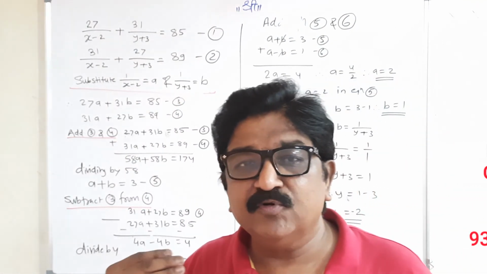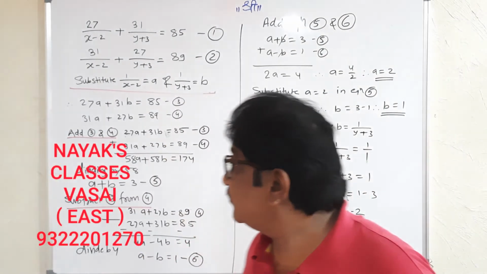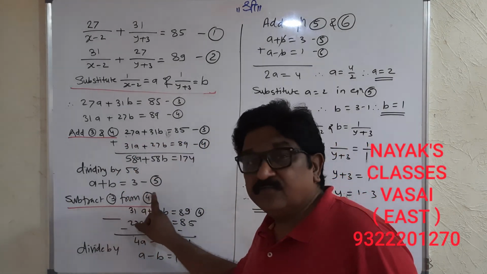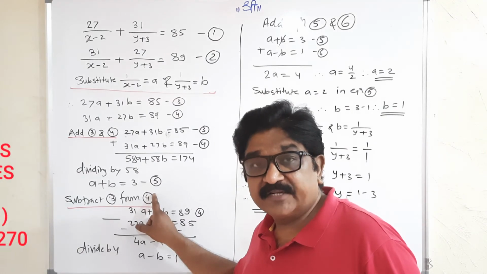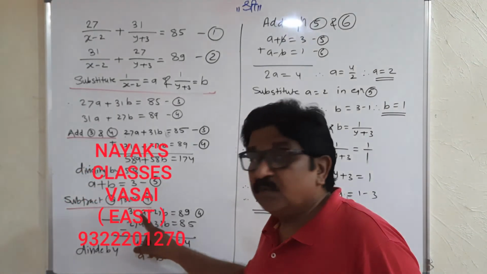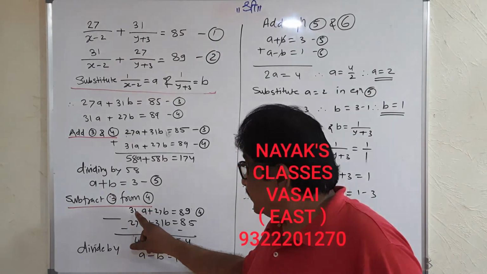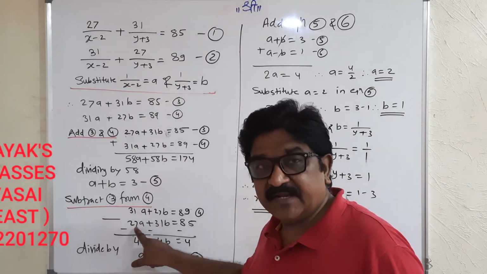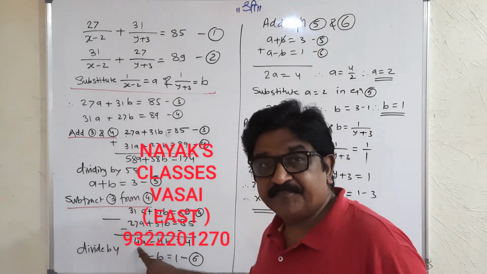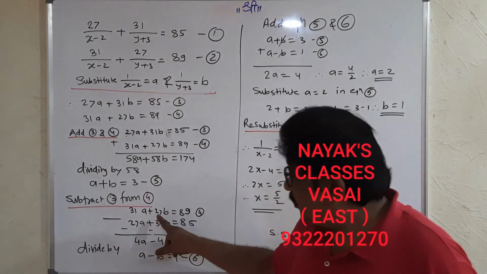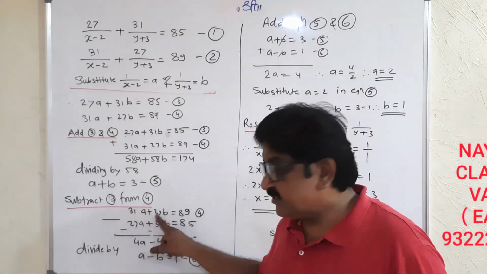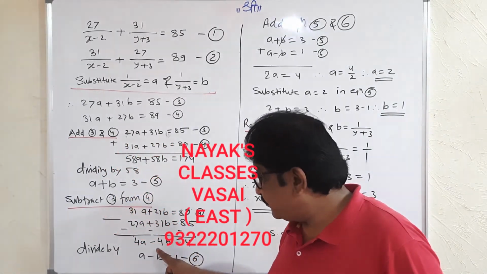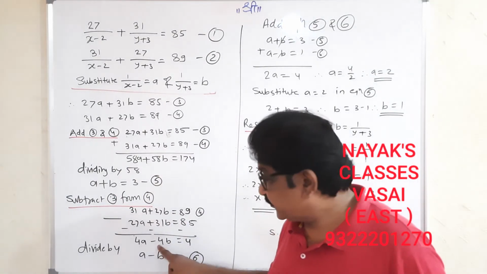Now we have to do one-time subtraction of the same. Subtract 3 from 4. What we got? 37 is plus, 27 is minus, 10a. Hmm, 4a. 27 is plus, 31 is minus, so it becomes minus 4b.